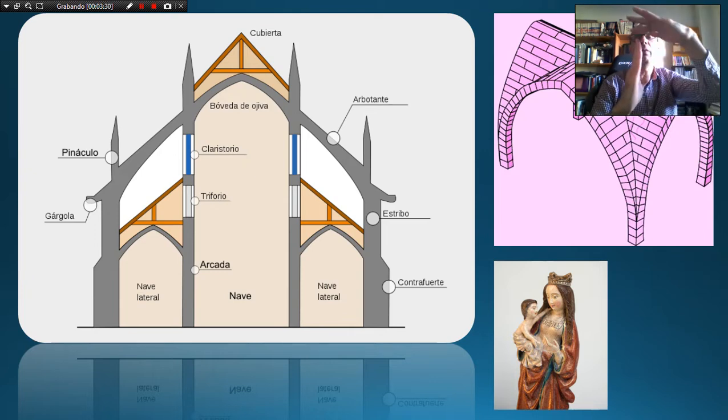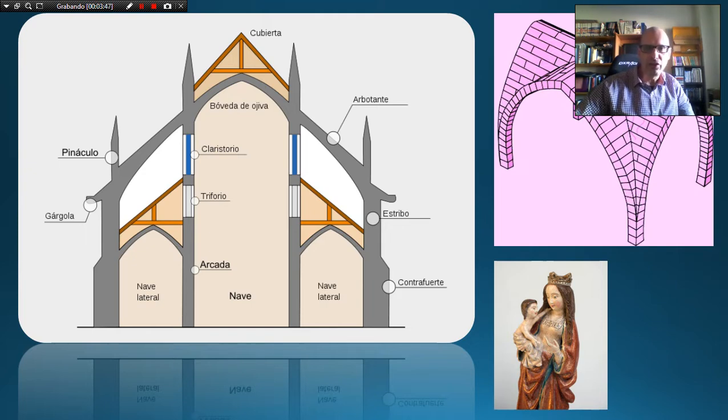So the idea of the pinnacle at the top of the buttress is that the buttress stays straight and doesn't move from this position. At this time they had a lot of fear that everything was going to fall down, and they took a lot of protections. So there you have the flying buttress, a pinnacle, another pinnacle reinforcing the pillar, another pinnacle reinforcing the pillar.